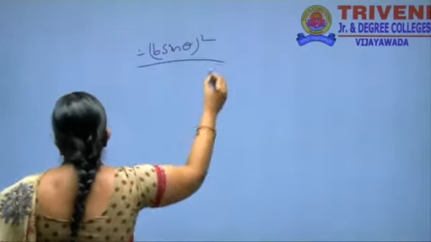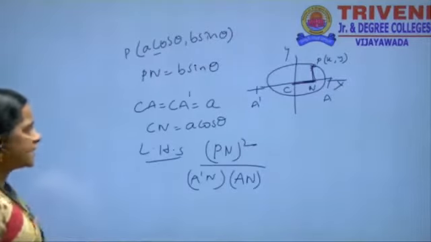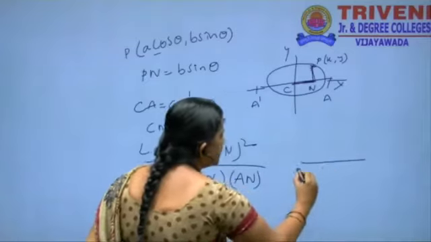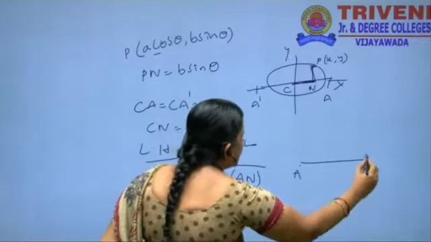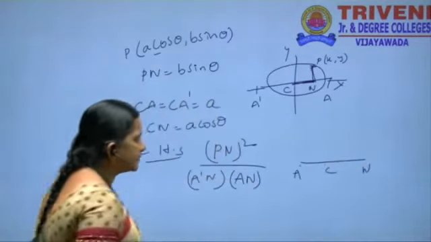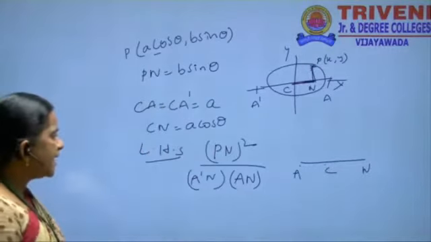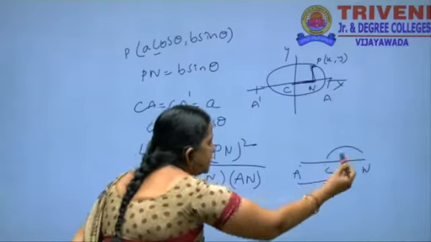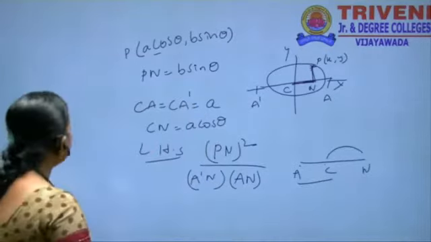And A'N, in the diagram, can be written as CA' plus CN.